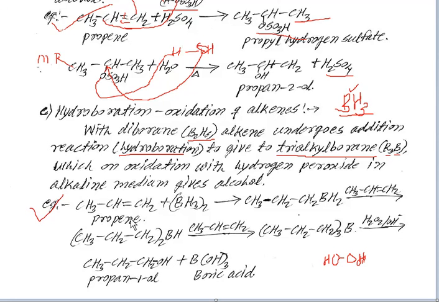When propene reacts with BH3, twice, that means 2 molecules of BH3, that is borane or hydroborane, we get, by breaking of that bond, there are 3 hydrogens attached to that boron atom.